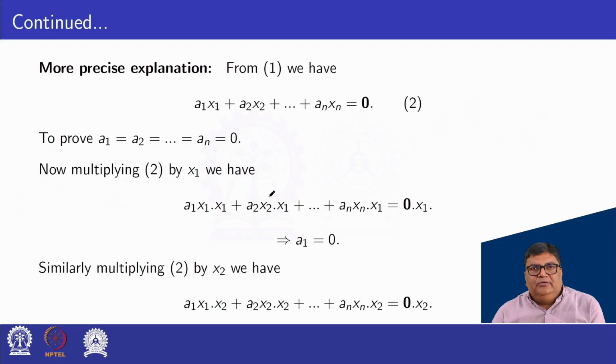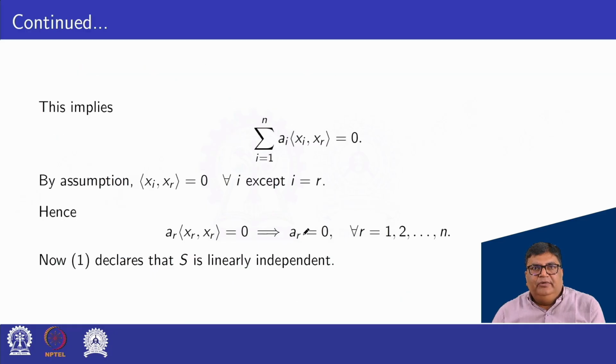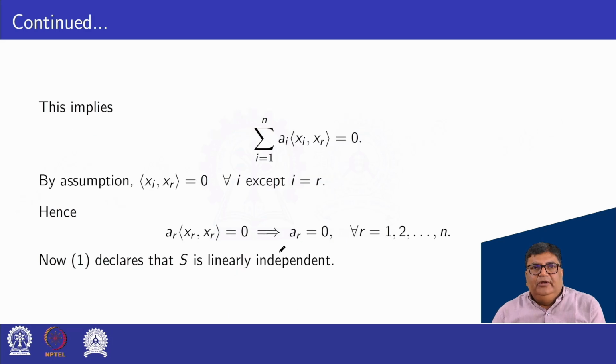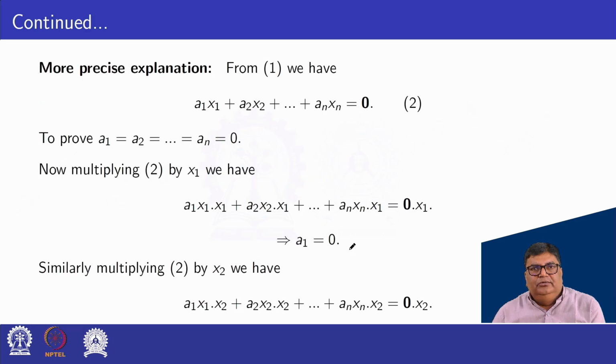Here x1 and x2 are different vectors, so in the inner product all terms are 0 except the first term. The first term gives a1 into x1 square is equal to 0. Since x1 is a non-zero vector, as given, a1 is equal to 0.